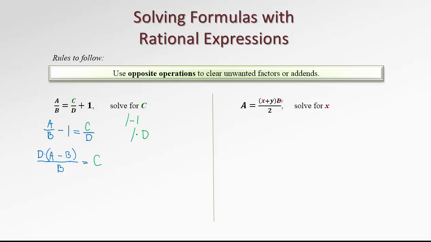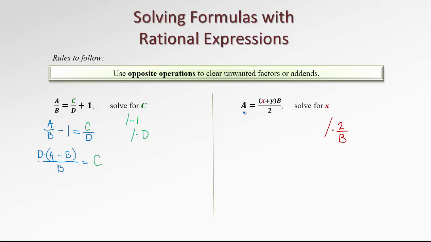This can be done simultaneously because, as you know, there is no priority between division and multiplication. So we can at once multiply the whole equation by 2 and at the same time divide by b. Or you can think of multiplying by the reciprocal of b over 2, which is 2 over b.